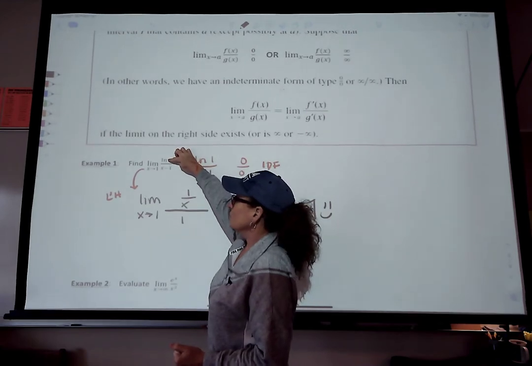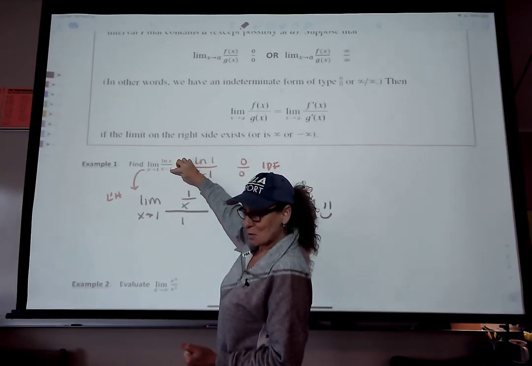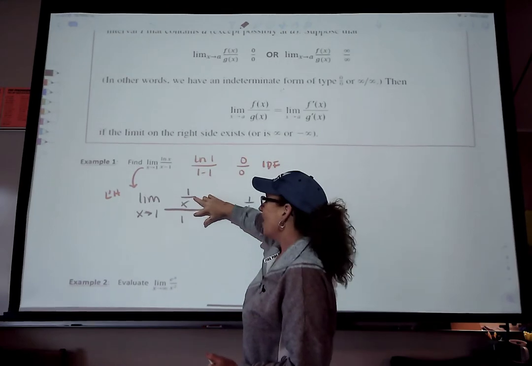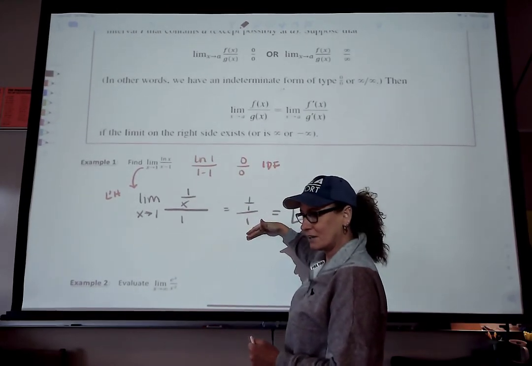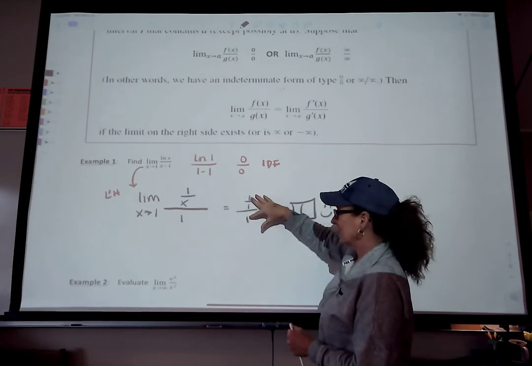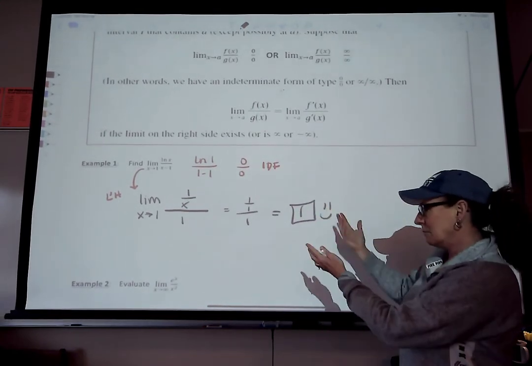This one's slopes and this one's slopes are actually headed toward each other. That's why I get the 1 over 1. They're actually headed toward 1, and when you compare those, you just get 1.